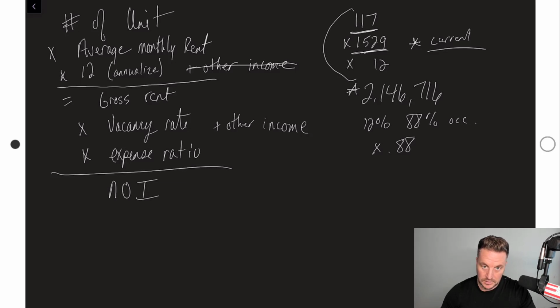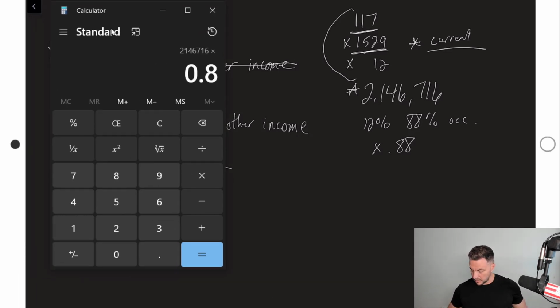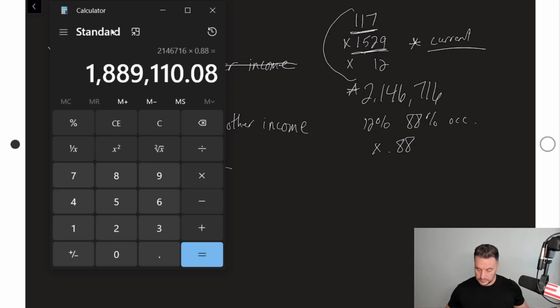But the truth of the matter is that all 117 aren't full. There's like 13 or 14 or whatever that are empty. So now we have to take that back off. So what we'll do here is we'll bring over our trusty little calculator, and we'll times it by 0.88. So there's our new number.